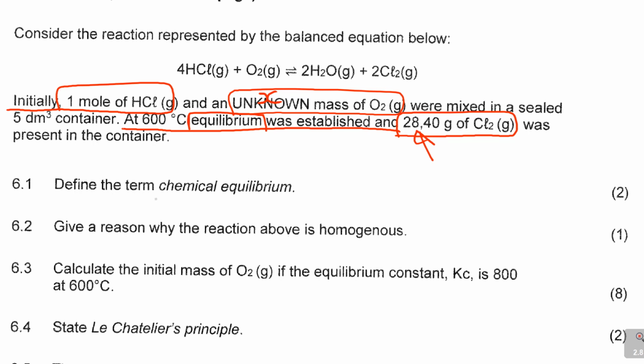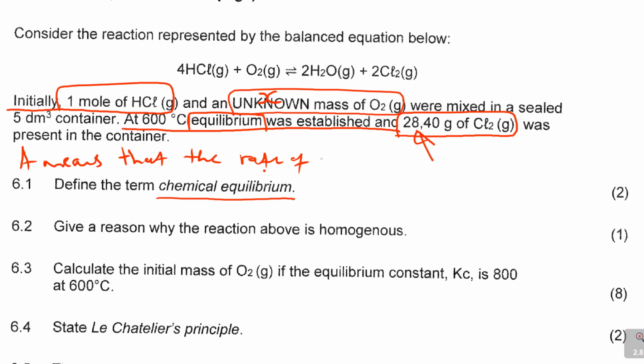Now define the term chemical equilibrium. What does it mean? The keyword there is the rate, because equilibrium is about the rate of reaction.